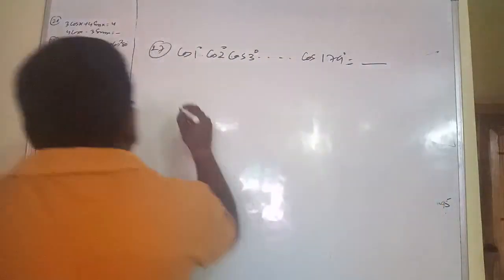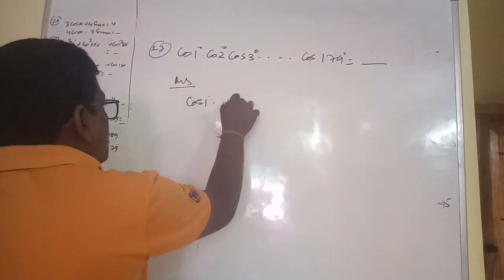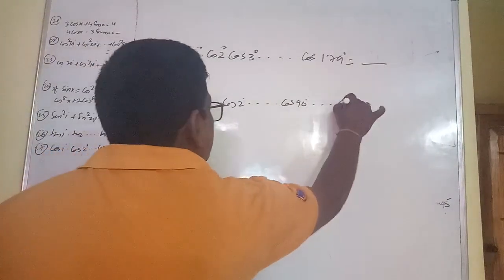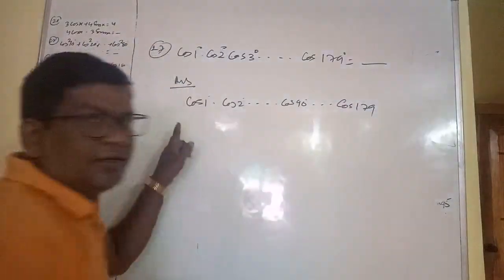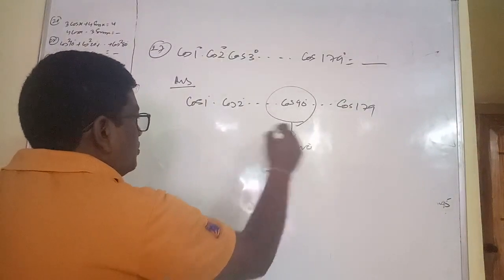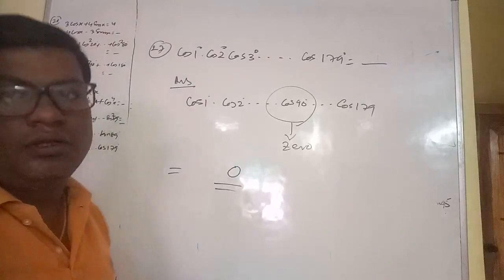The answer: cos 1 degree, cos 2 degree, like this cos 90, up to cos 179. Clear? So cos 90 is equal to 0. This is equal to 0. So the final answer is 0.